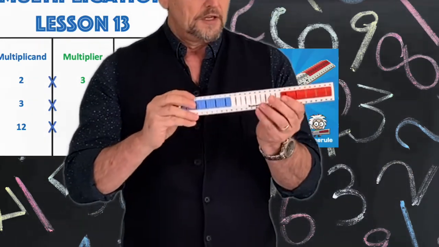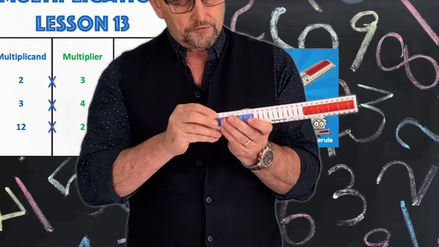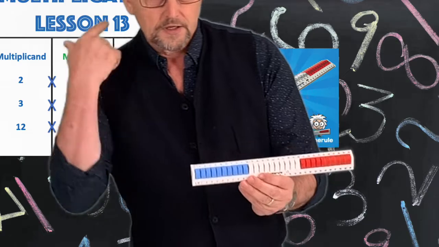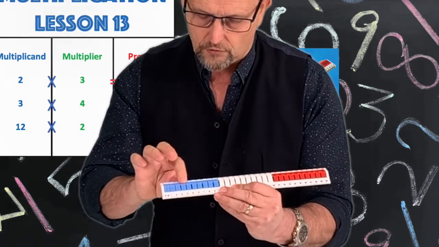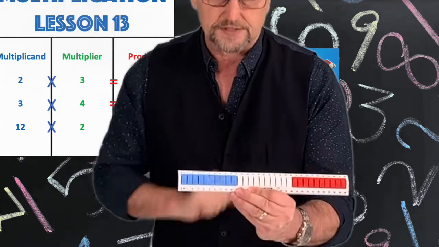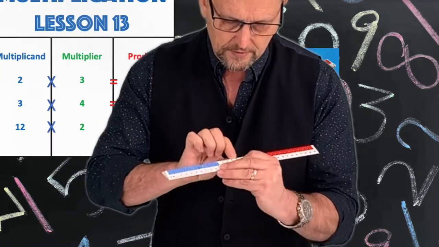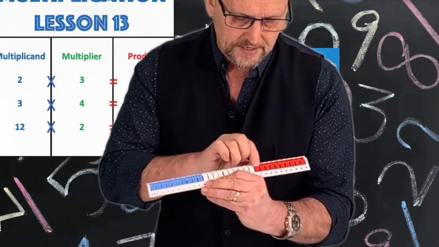All right, let's just do that again, but this time we'll do multiples of 7 and we'll only press down the multiples of 7. Okay, so let's try it one more time. 1, 2, 3, 4, 5, 6, 7. Press it down. 1, 2, 3, 4, 5, 6, 7. Press it down. 1, 2, 3, 4, 5, 6, 7.